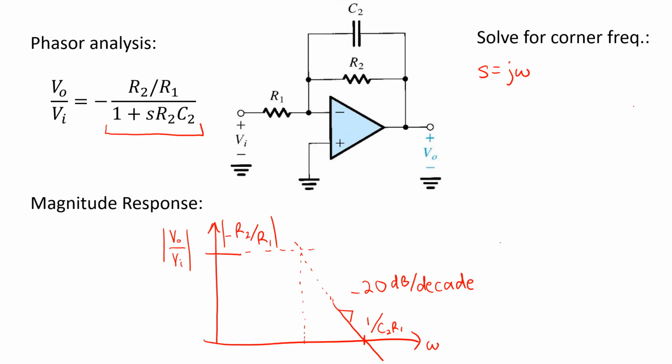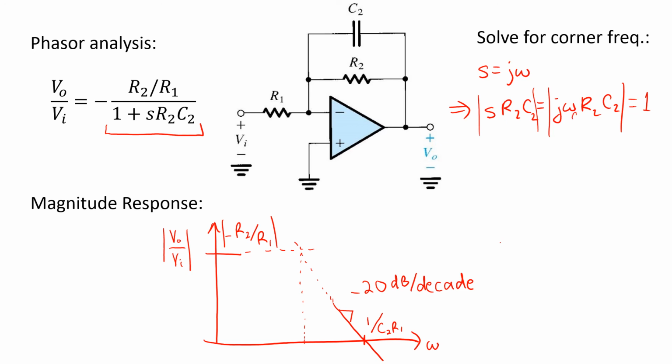That is where sR2C2 equals j omega R2C2, and where that is equal to unity, that's going to give us our corner frequency.